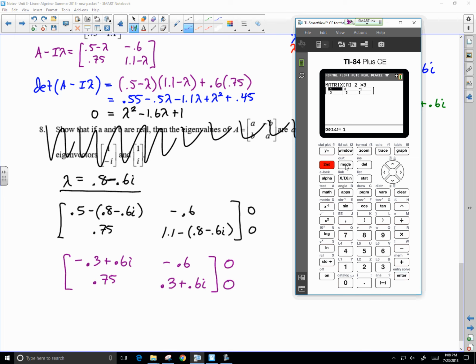Just make sure your calculator is in A plus BI mode so that it understands that sort of thing. So go to mode, and then instead of having it in real, make it A plus BI. If it's going to work, it would need to have that setting. If it doesn't work, then I'll show you how to do it by hand. The I button, if you didn't know, is second decimal point.